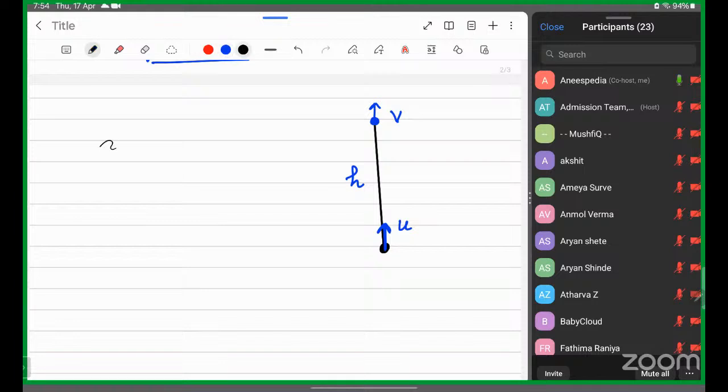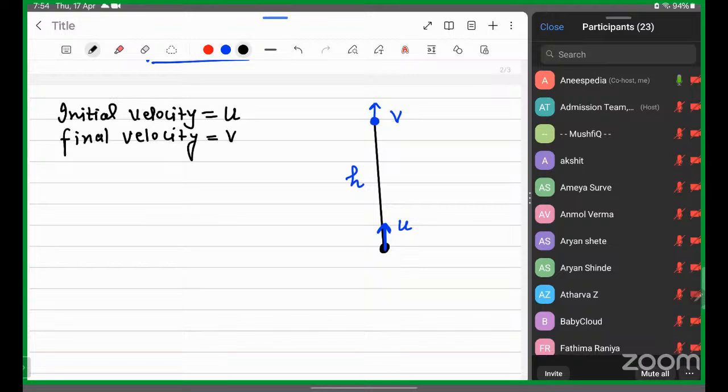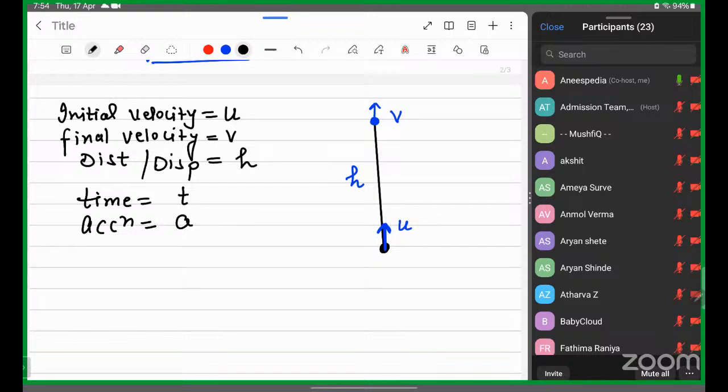In this case, initial velocity will be given by u, final velocity will be given by v, distance or displacement will be given by h, time is t, but in this case acceleration a will change its symbolic form to g, because in vertical direction acceleration due to gravity g will always be present, so a will be g.